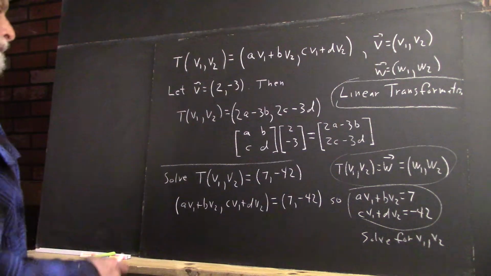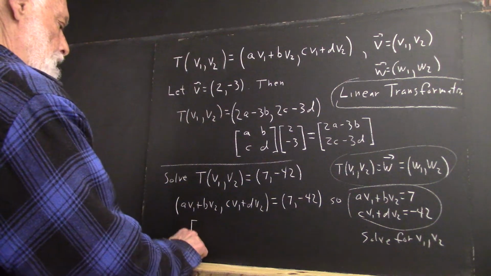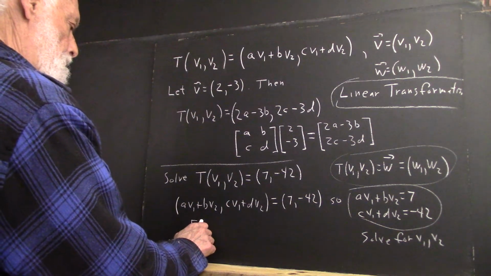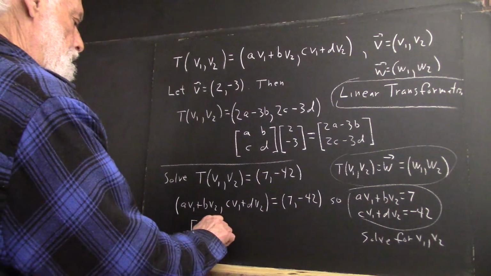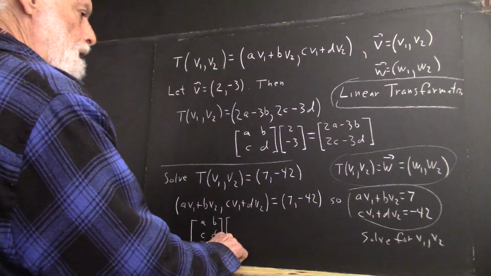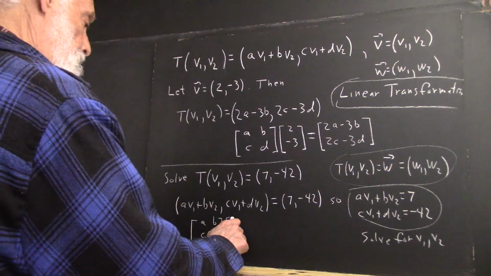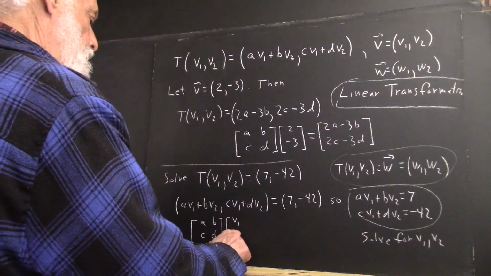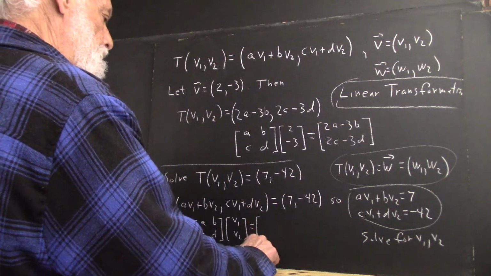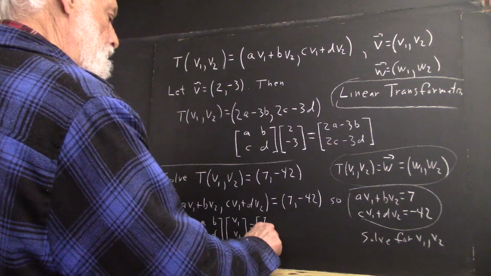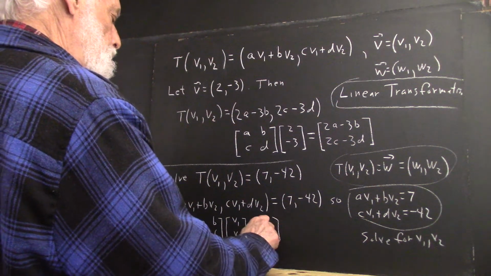Now this could also be written as the matrix equation [a, b; c, d] multiplied by the column vector (v1, v2) equals (7, -42).